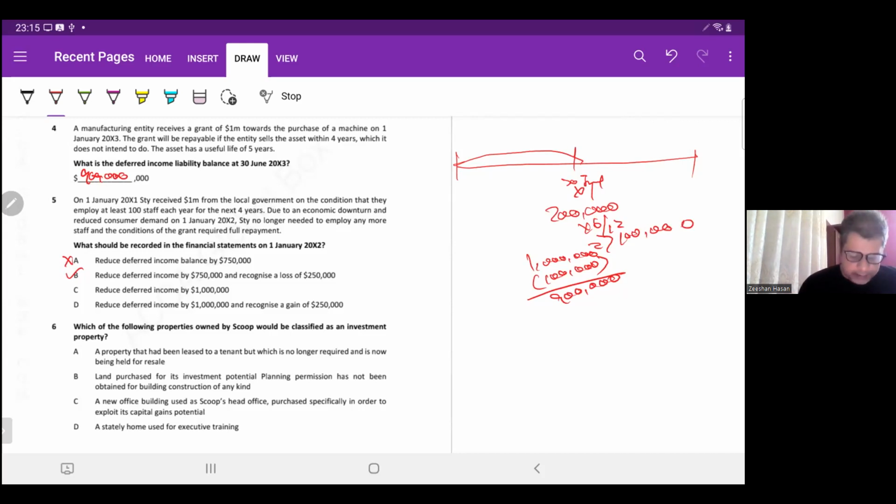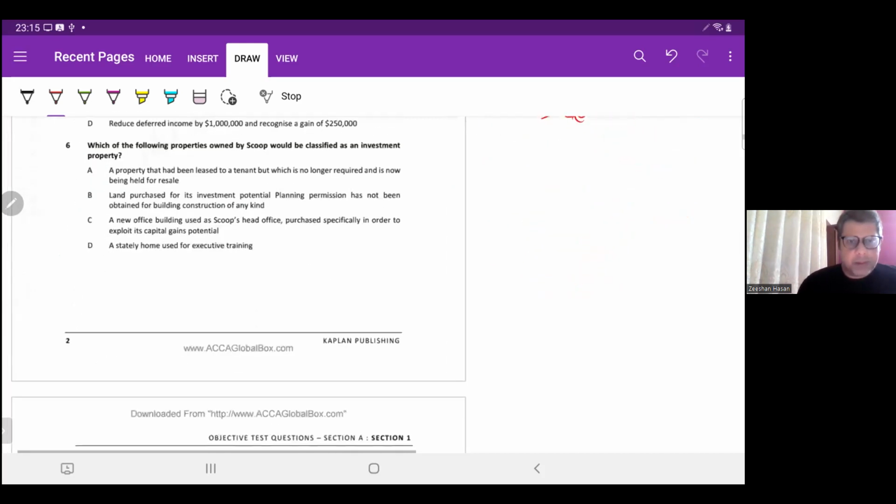Now, sixth question: which of the following properties owned by Scoop would be classified as an investment property? A property that had been leased to a tenant but which is no longer required and is now being held for resale? Wrong answer.